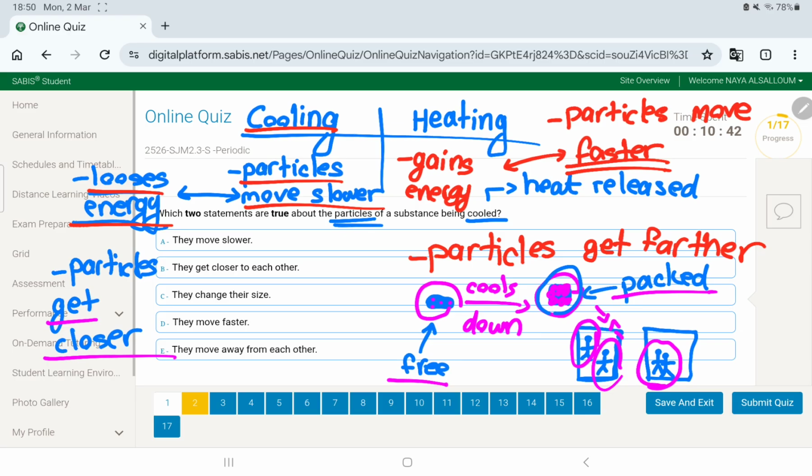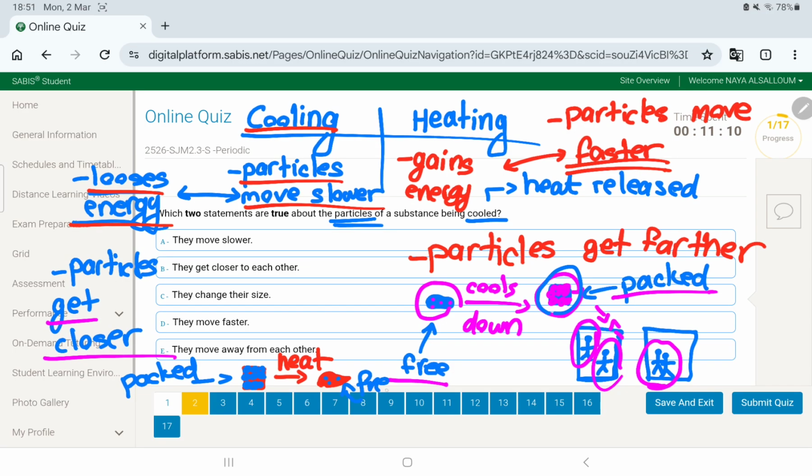Here's another example. Let's say here you're going from an ice cube to liquid water, and here it's heating. So heat. In ice, the particles, they're really tightly packed, right? So it goes from being packed to being more free.